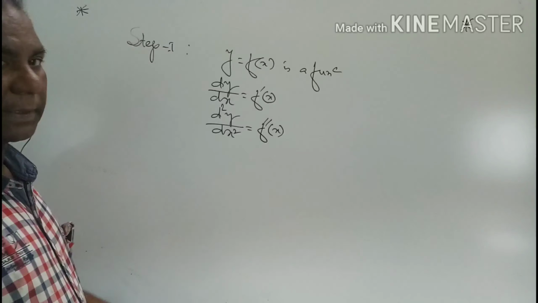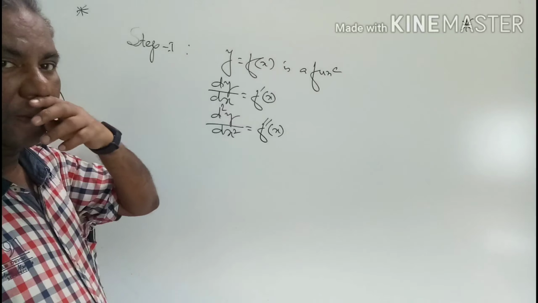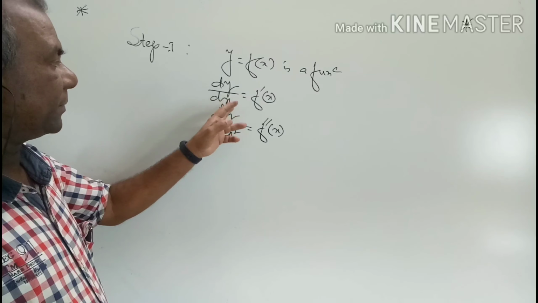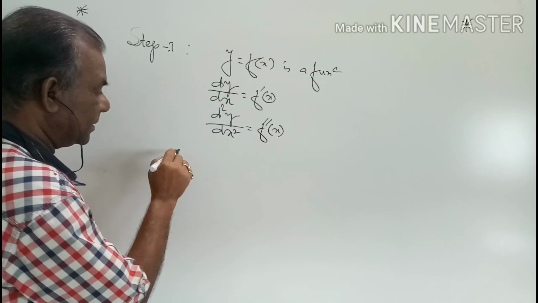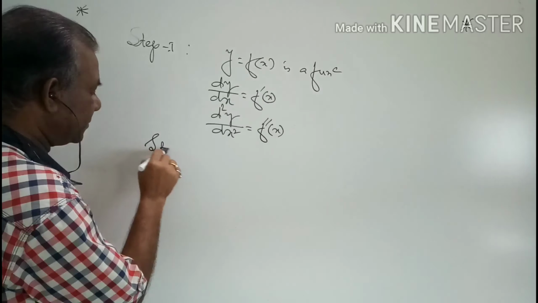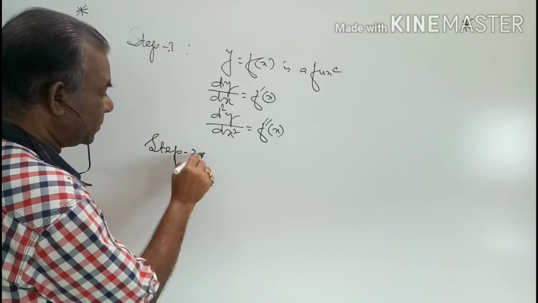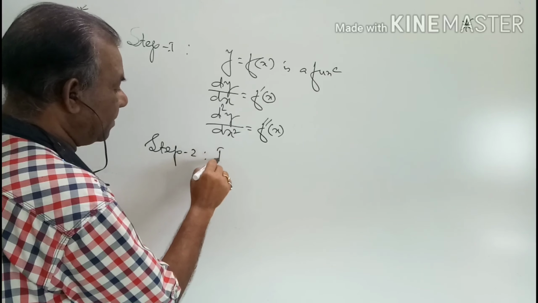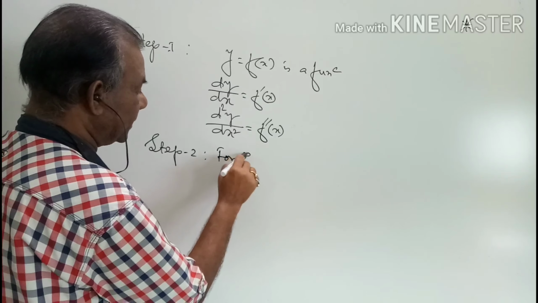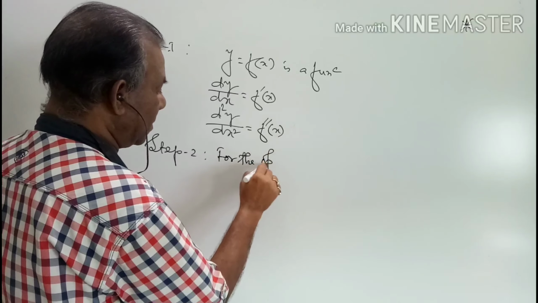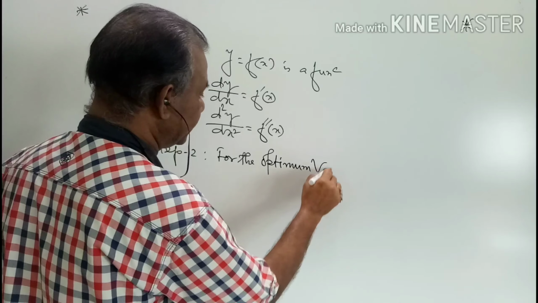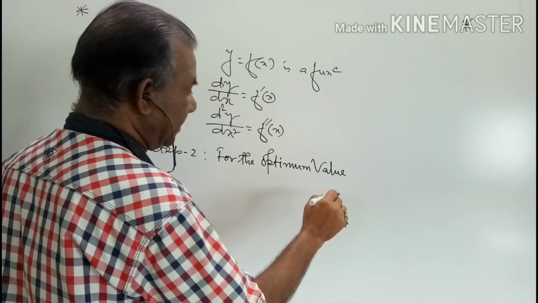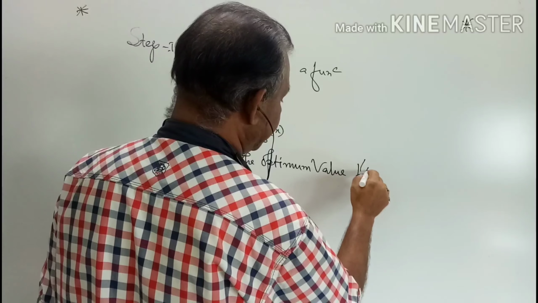Do you understand what I am telling? This will be given to you, and you find out the first and second order derivative. Step 2: for the optimum value, f dash x equal to 0.